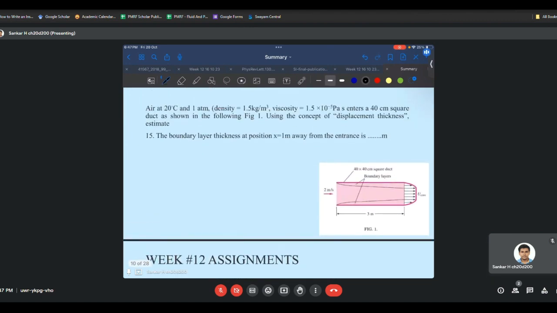So the boundary layer thickness 1 meter away from the entrance will be given by delta by x is equal to 5 by root of Rex, where x is equal to 1 meter. Therefore, delta is equal to 5 by square root of 200,000, which is basically 0.11 meter or 11 centimeters.